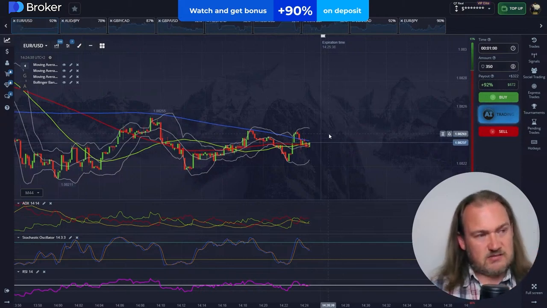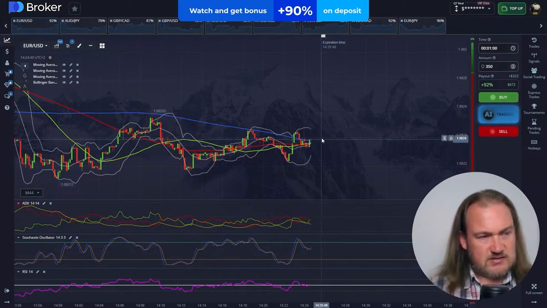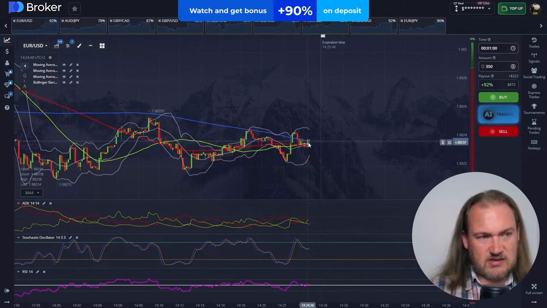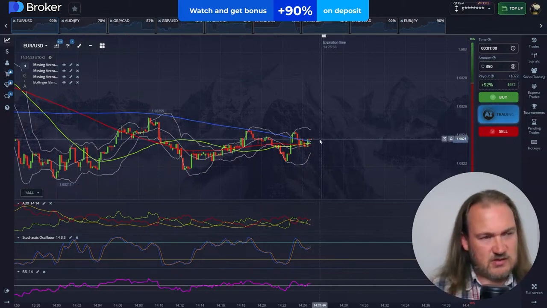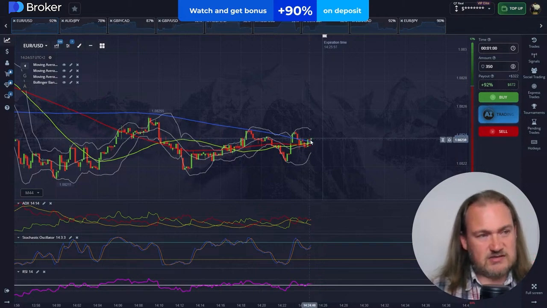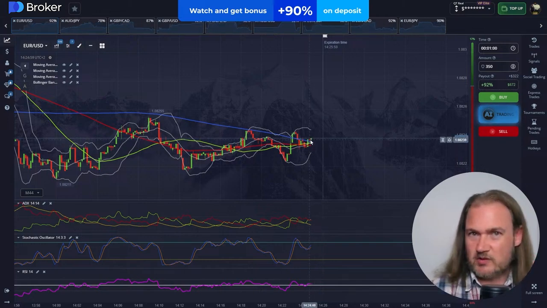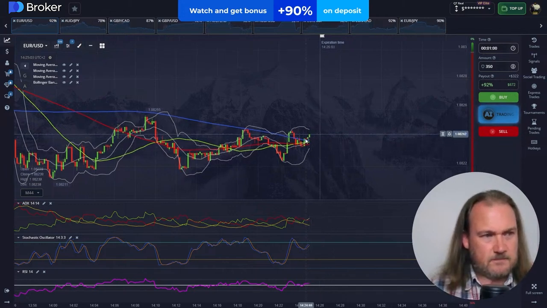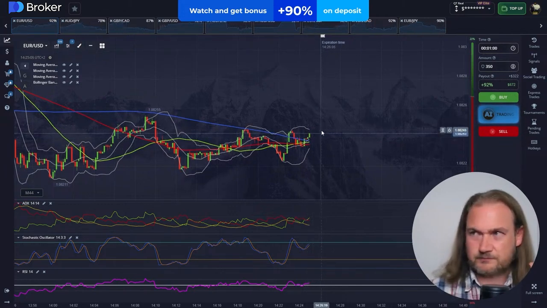I suspect, and this is just a guess, that we're going to see price pick a direction any minute. Until that happens, I'm not going to really look for trades, because taking a trade right now, I might as well just flip a coin, and I don't like flipping coins. This could go either way.